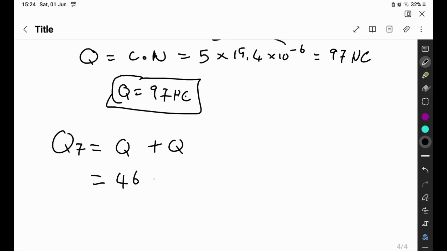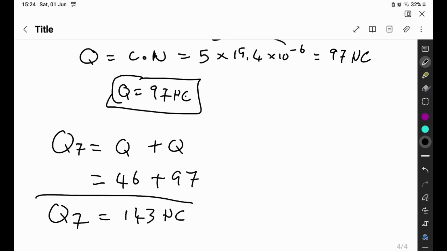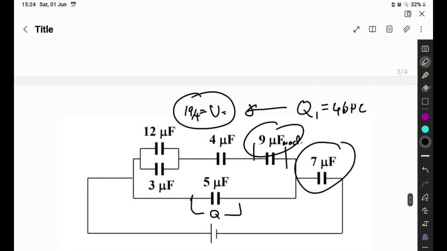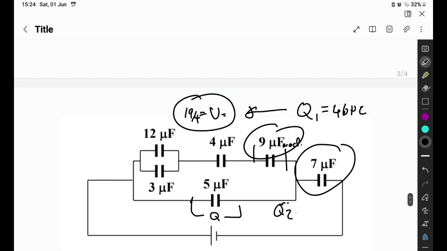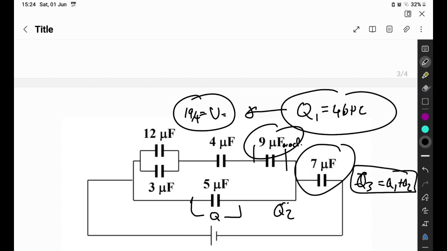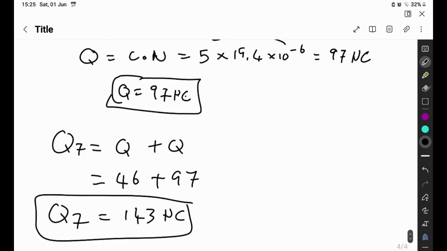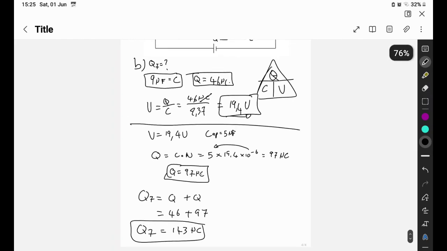We're going to add the 46 plus the 97, and then the total charge is going to be 46 plus 97 equals 143 microcoulombs. So Q1, Q2, Q3. So Q3 is equal to Q1 plus Q2. So that is question B.